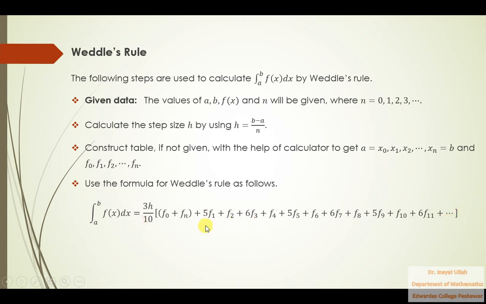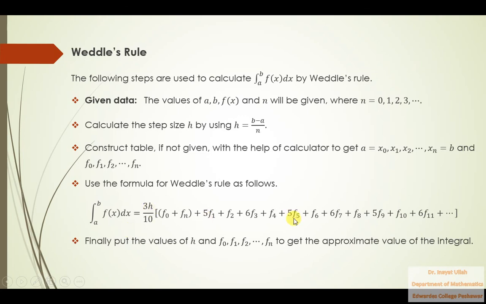So this is called Weddle's rule to calculate the approximate value of this definite integral. Finally, put the values of h and all those fi's to get the approximate value of this definite integral with the help of Weddle's rule.